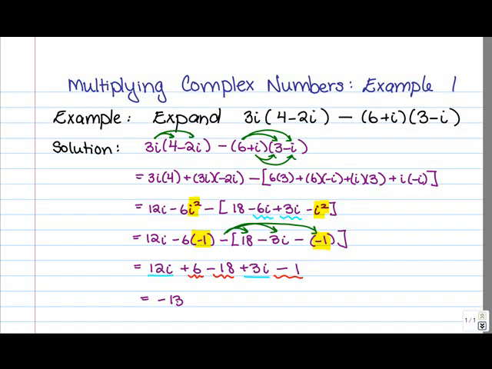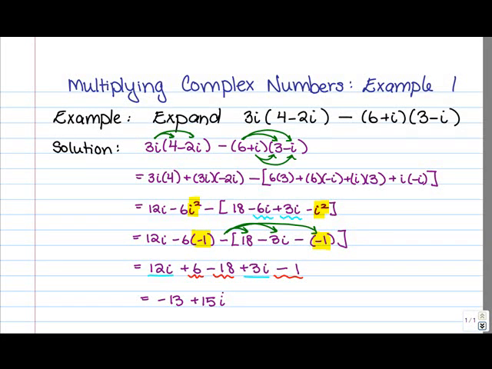And for the imaginary component, we're looking at the terms underlined in blue, the imaginary terms that have the i in them, we've got 12i plus 3i. Altogether, that's 15i, so that's the imaginary component of our complex number. Overall, then, our final answer is the complex number negative 13 plus 15i.